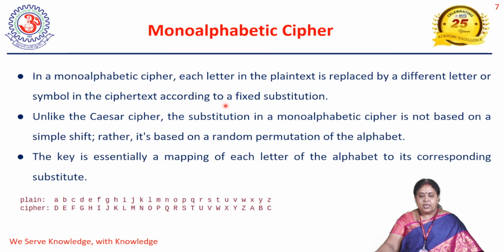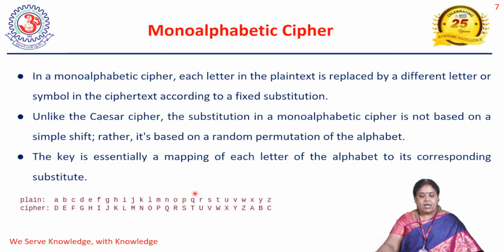But here, rather than a simple shift, we are going to take a random permutation. For example, for one message we can go for plus 3, for some messages we can go for plus 4, like that we can do.